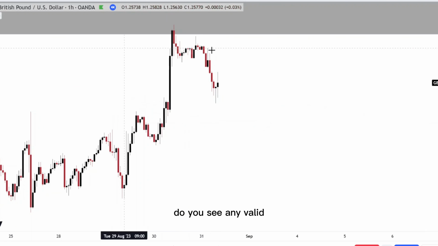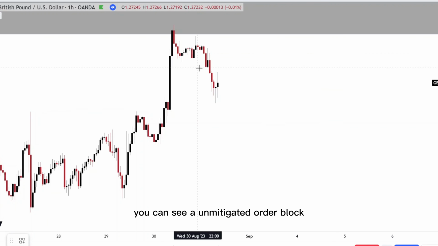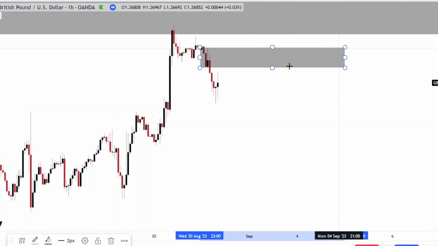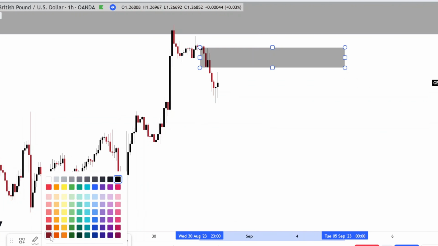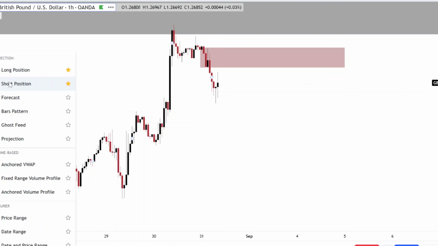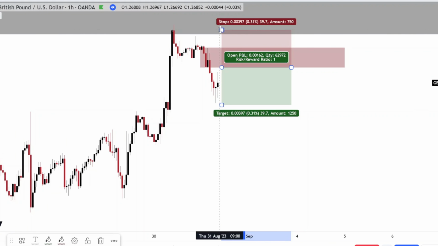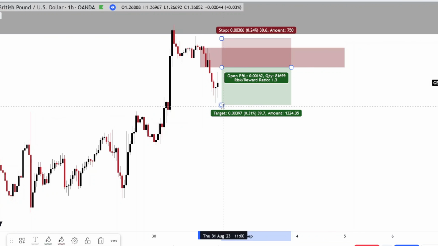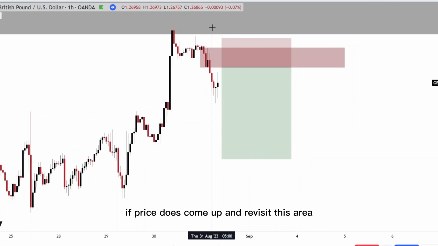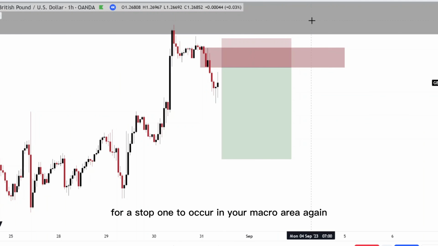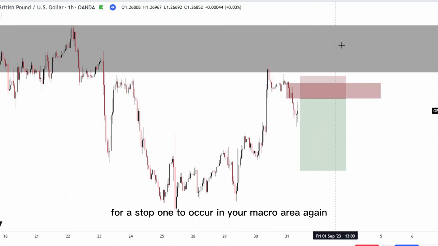What do you see? Do you see any valid entry? You can see an unmitigated order block. And this could be your entry, and you can have your stop loss at a pretty tight position, just for the fact that if price does come up and revisit this area, you're more than likely to reach a consolidation for a stop hunt to occur in your macro area again to push price down.